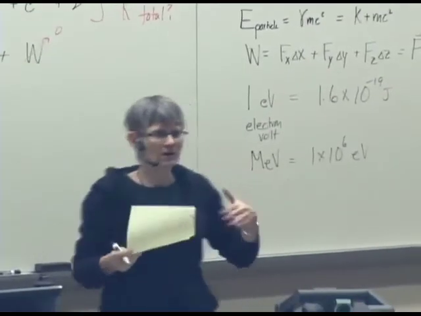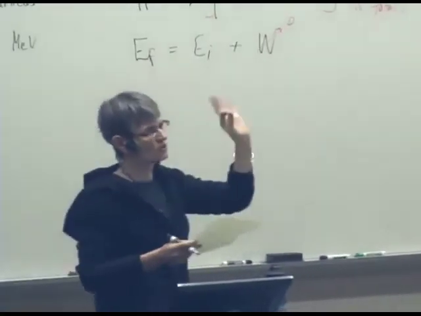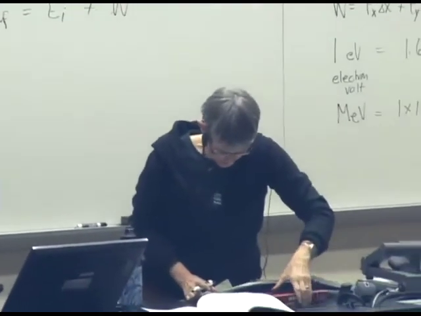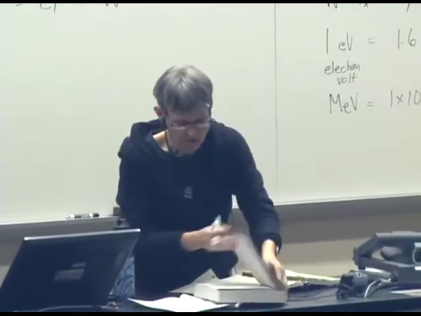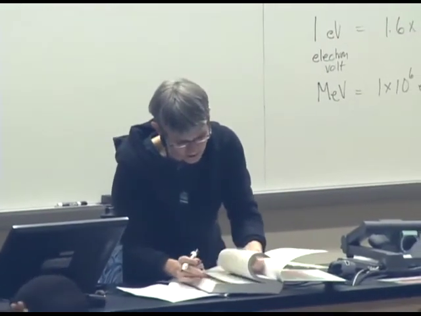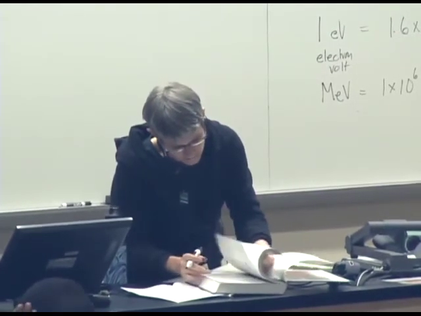People often talk about the rest energies of things like a single neutron or a single proton in terms of million electron volts rather than in terms of joules, just because it's a nicer number. It's actually just easier to work with.